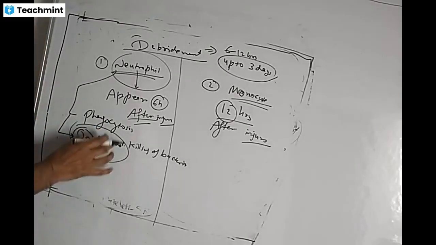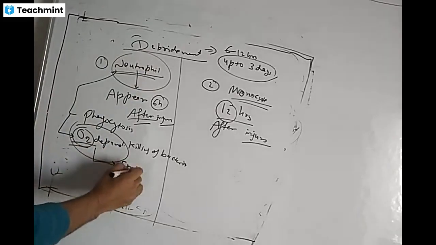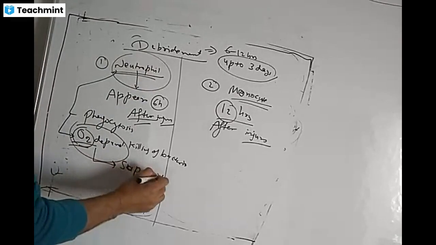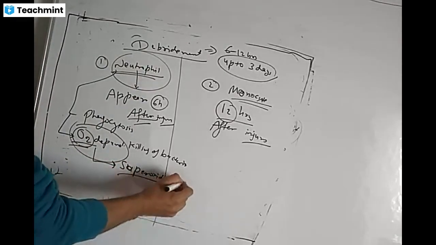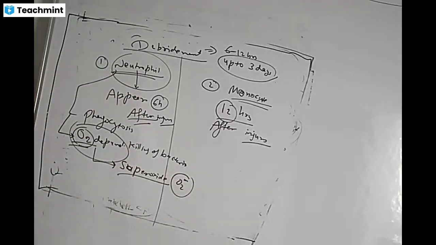With the help of oxygen, neutrophils generate some free radicals, what we call superoxide radicals, O2 radicals. With the help of these radicals, they kill the bacteria. So the whole procedure of neutrophil killing is oxygen dependent.